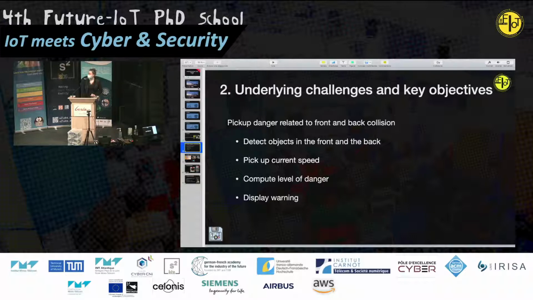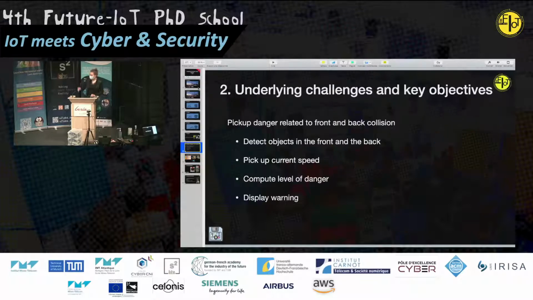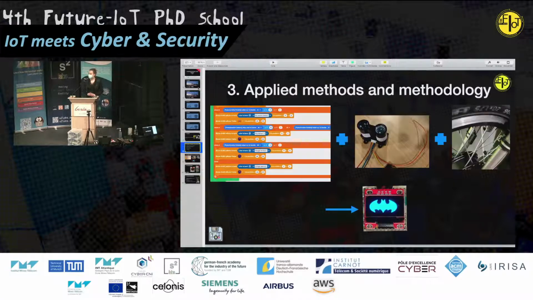So now, to achieve this challenge, we decided to use LiDAR. The LiDAR works as the eyes for the bicycle. This sensor gives us the possibility to evaluate the distance between the bicycle and another vehicle, or for example a person.